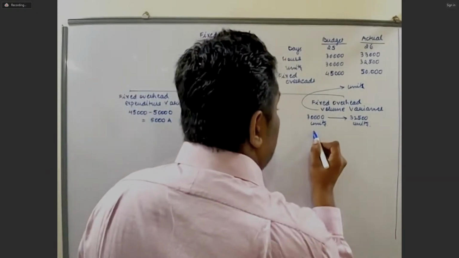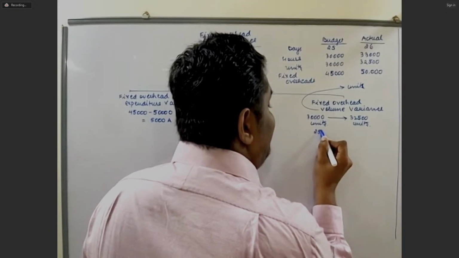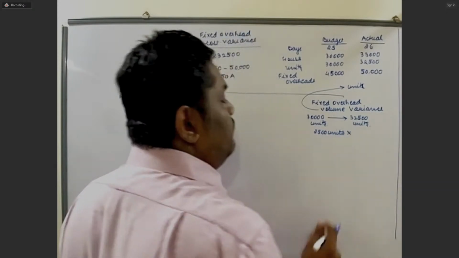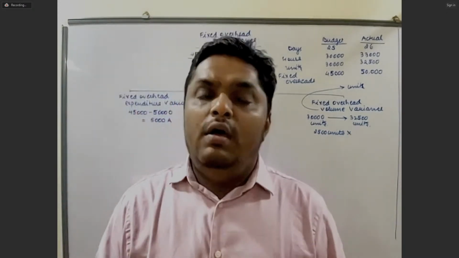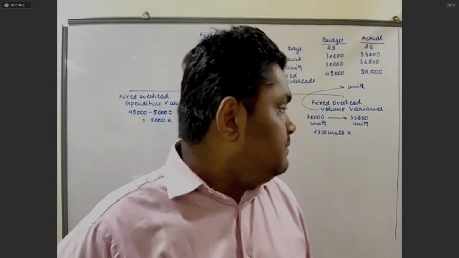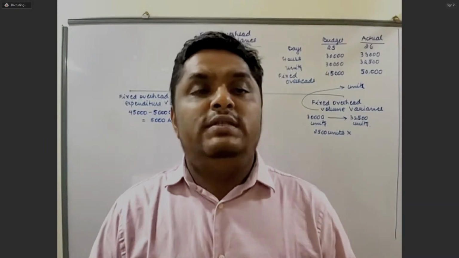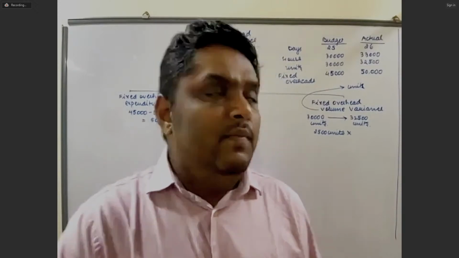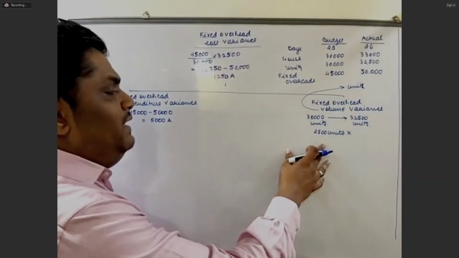That is 2,500 units much more than what I expected. Now herein, we have to present all the variances in monetary terms. So herein we'll be applying the standard rate.